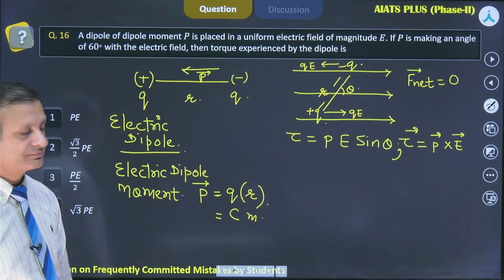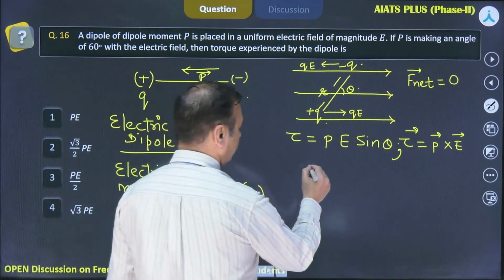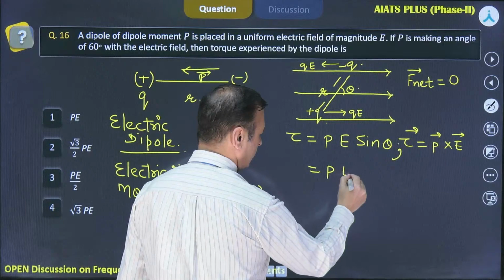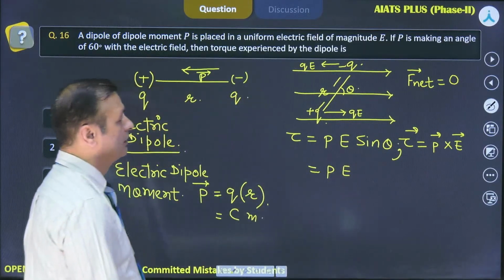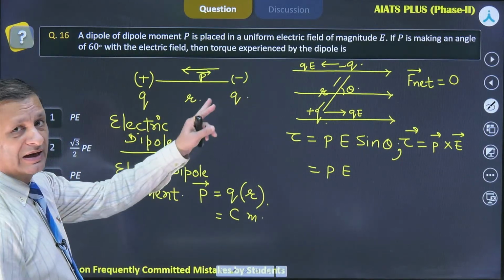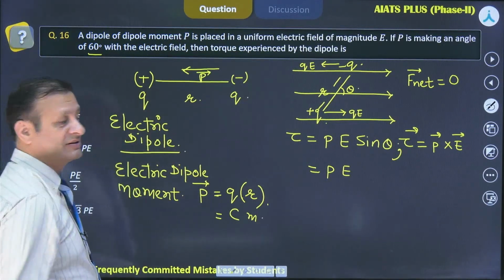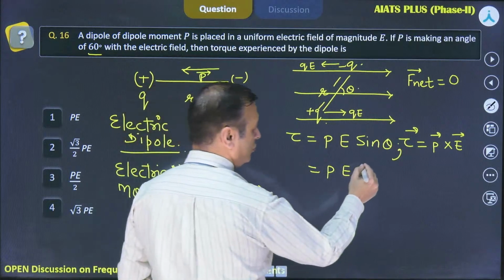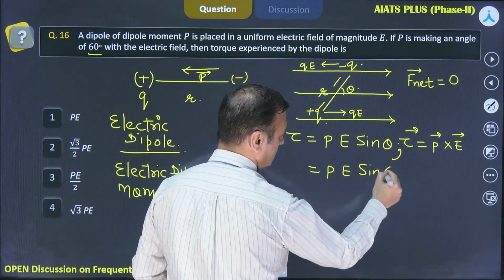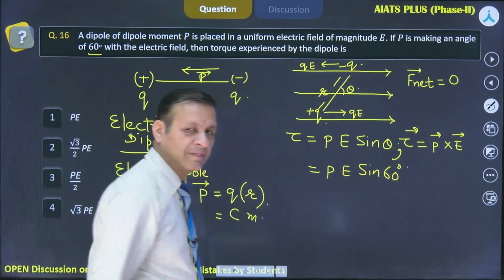Got it? Now P is there, E is there, but how the dipole is inclined or placed in the electric field, that angle is given to us as 60. So this is sin 60 degree.